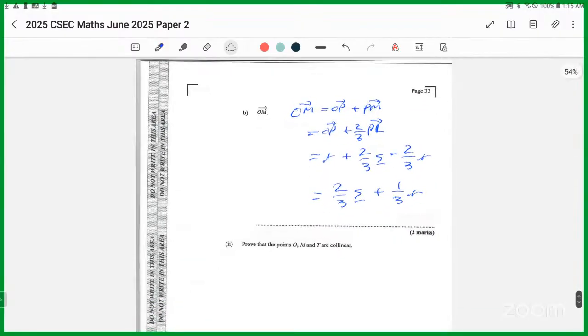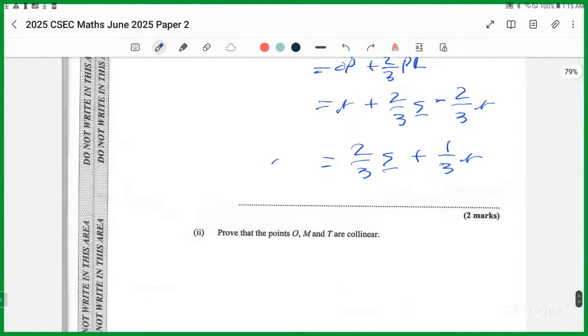Then it says prove that O, M and T are collinear. This is OM, right? We need to use two vectors between the 3 points and show that they are parallel. We have one already, OM, which is 2/3 S and 1/3 R. And we need another vector.